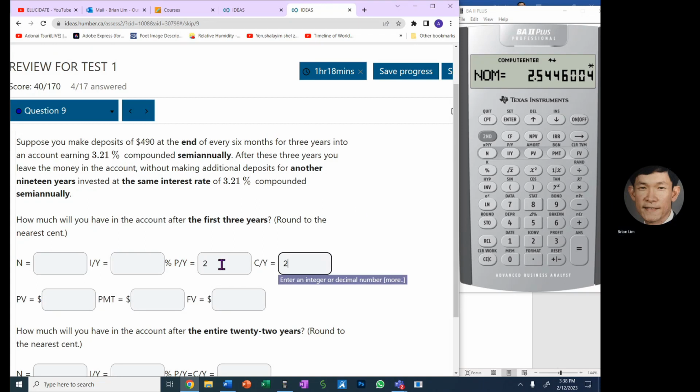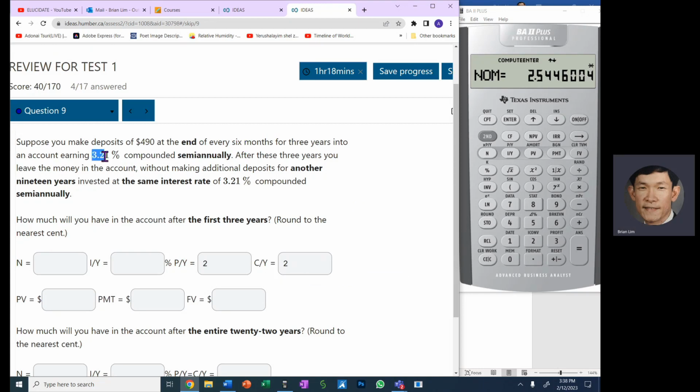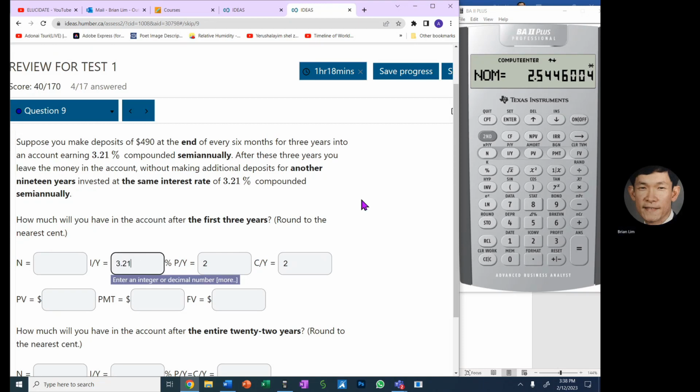All right. Now, what else is there? The interest rate is 3.21%. So let's put that in there. And what else do we have?